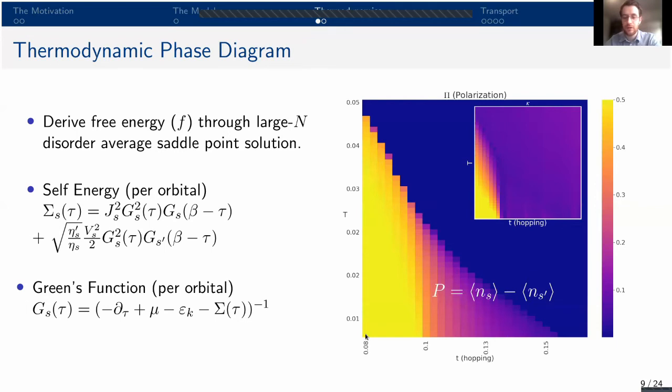You see here for low hopping, this is a first order transition where it immediately saturates the polarization, whereas above 0.1, there's a second order transition. You can confirm this by specific heat calculations, but above 0.1, this is now a smooth continuous growth in the polarization as compared to just the first order.